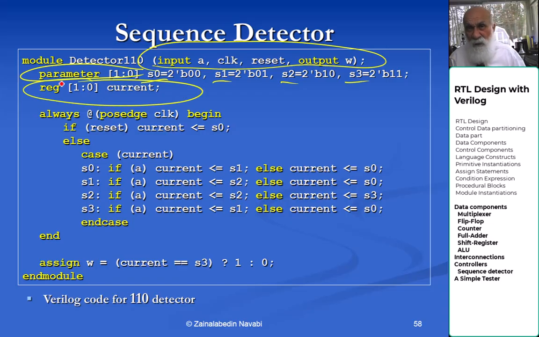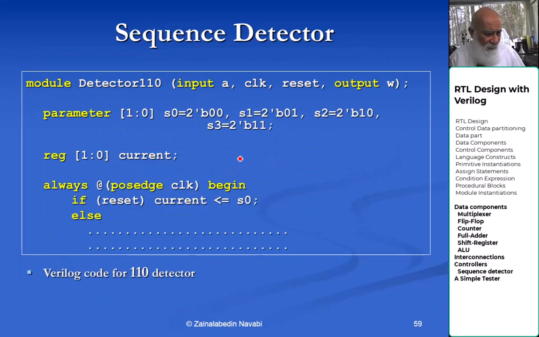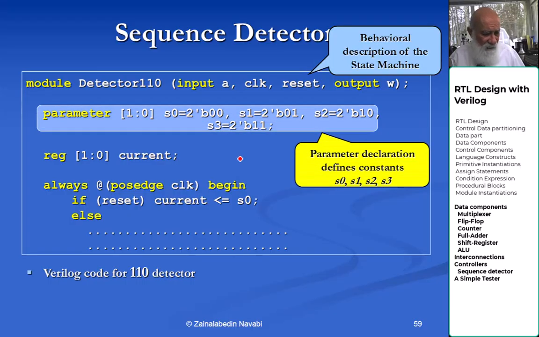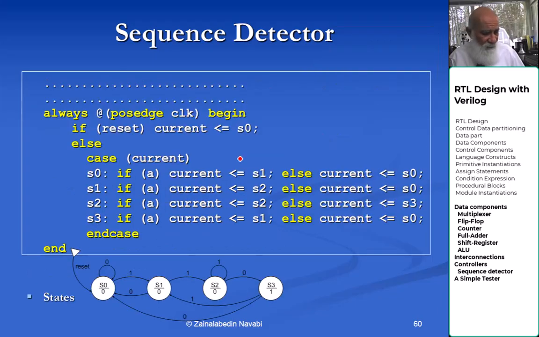Since I have 4 states, a 2-bit reg is good enough for holding the states of my machine. Then I have an always statement on the positive edge of the clock. On the positive edge of the clock, I'm making transitions from one state to another. So this is the parameter part. This is the 2-bit register part, and this is where transitions are being made.